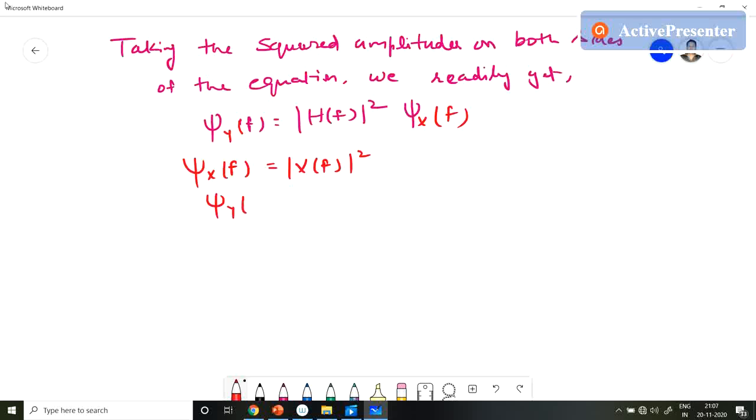What is psi y(f)? That is equal to modulus of Y(f) whole squared. So we have this definition of the energy spectral density of our input and output, and this is basically the squared absolute spectrum of the transfer function.